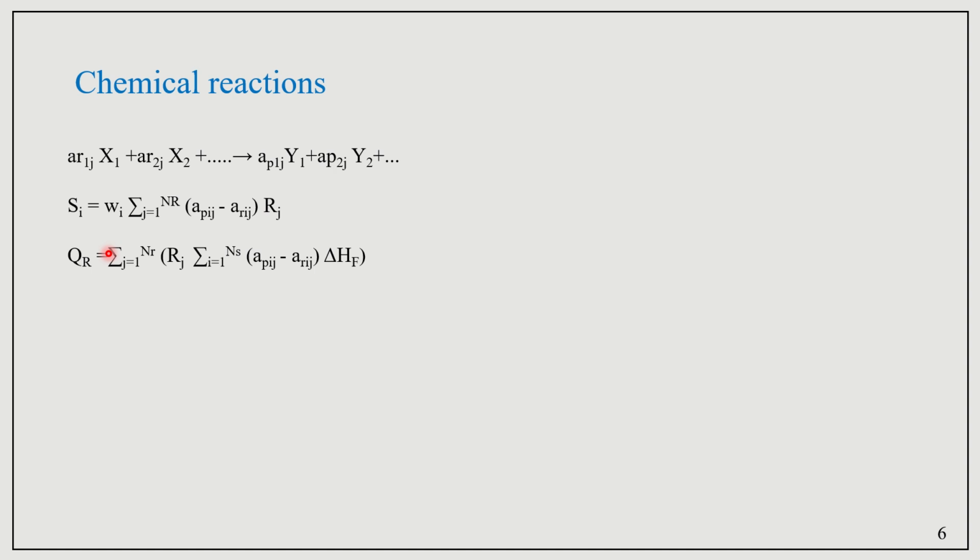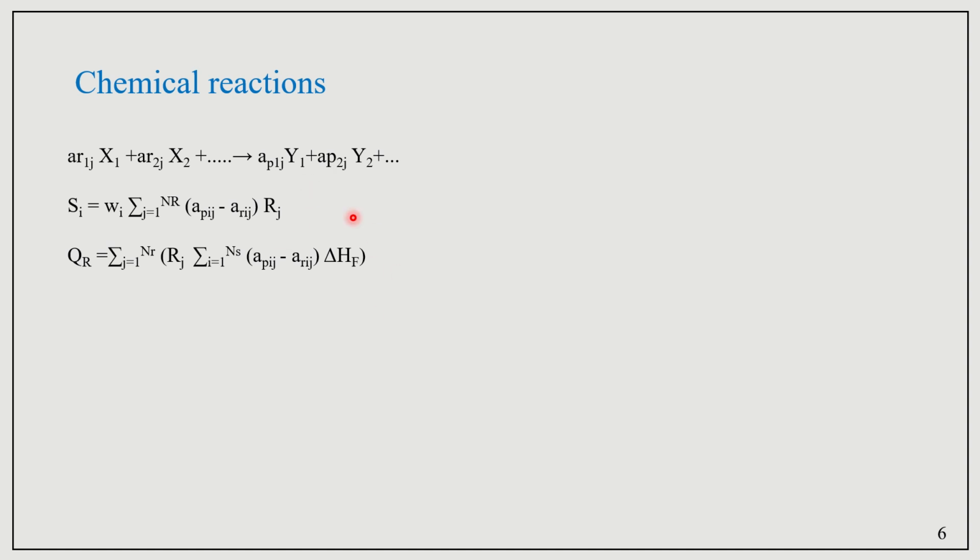And Qr is what comes in the energy conservation equation. Again it is the summation over j equal to 1 to Nr of Rj into the summation over i equal to 1 to Ns of A_P, something like this, where delta Hf is the heat of formation.